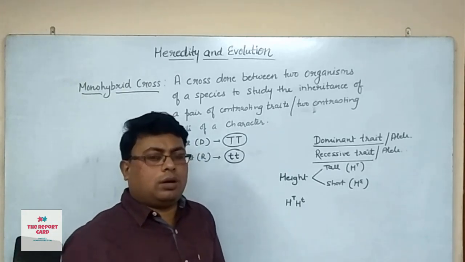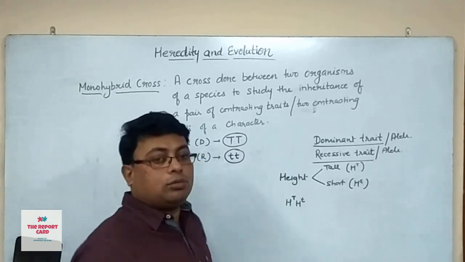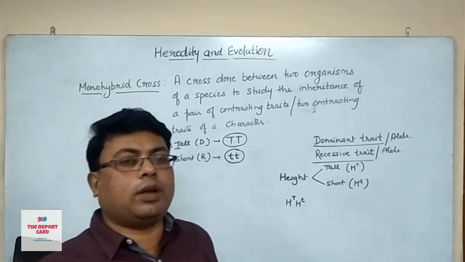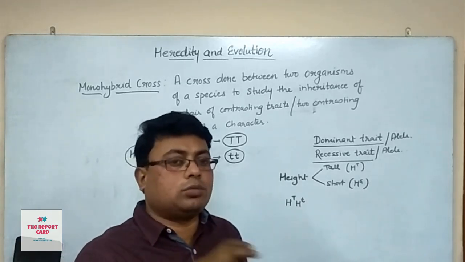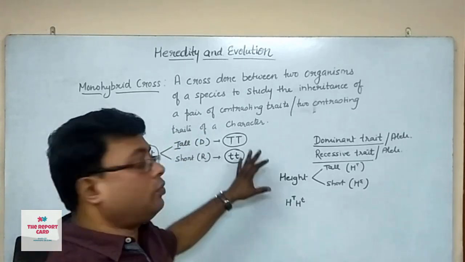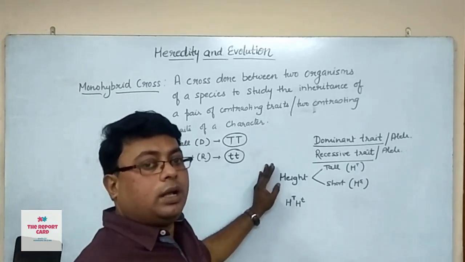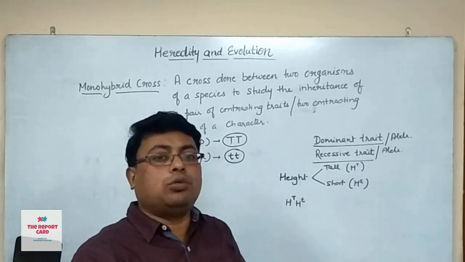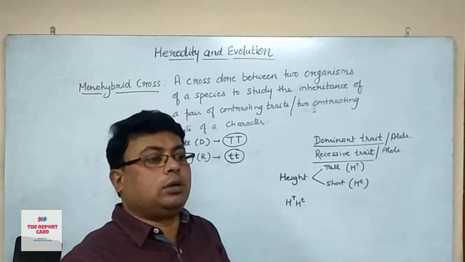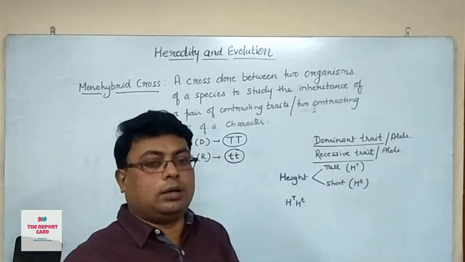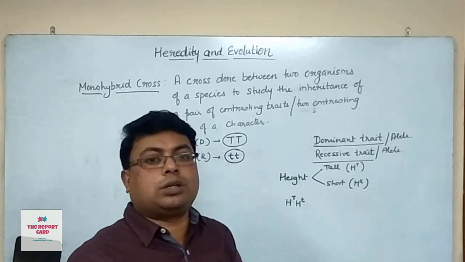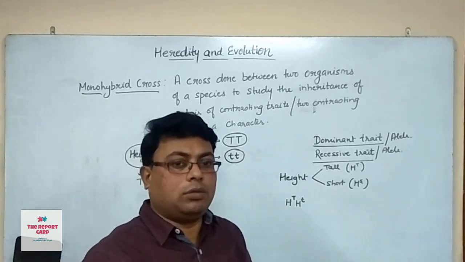Okay. So I don't know whether it is clear to you or not. So I will just move ahead with one or two more examples so that this becomes very clear. Once you know how to write the genotype for a particular trait, it becomes very easy to show the genotypic depiction of the crossing.